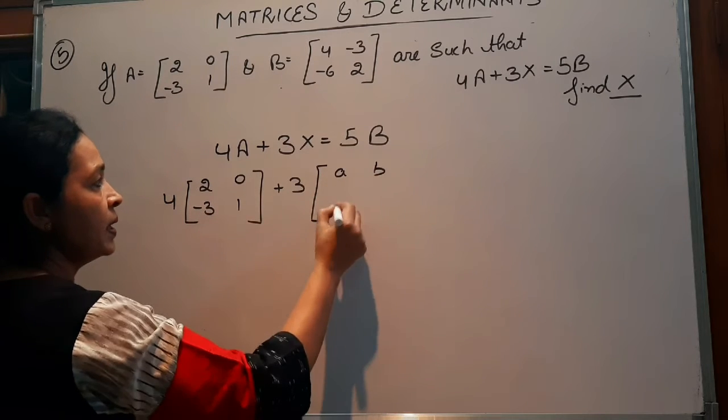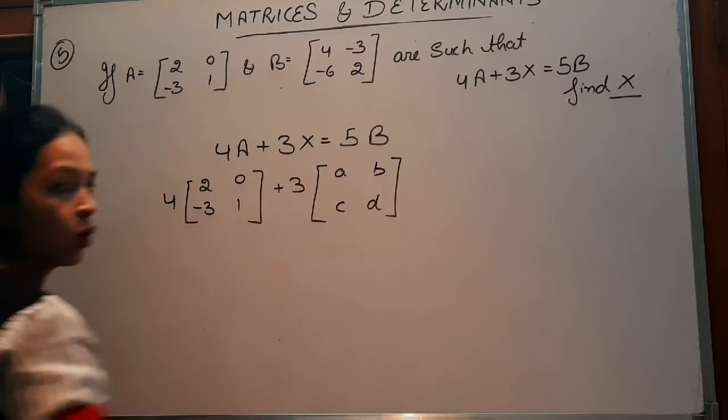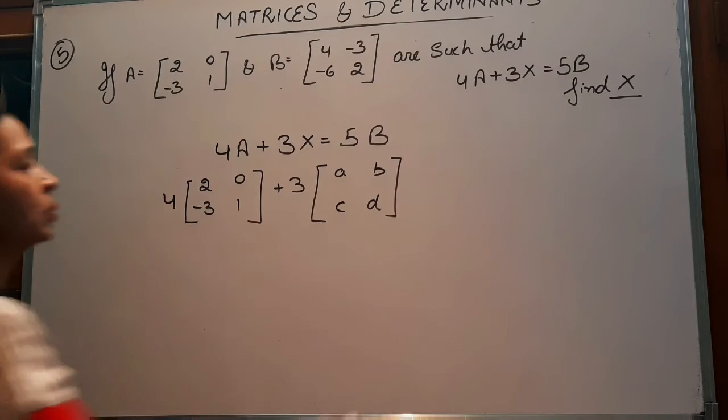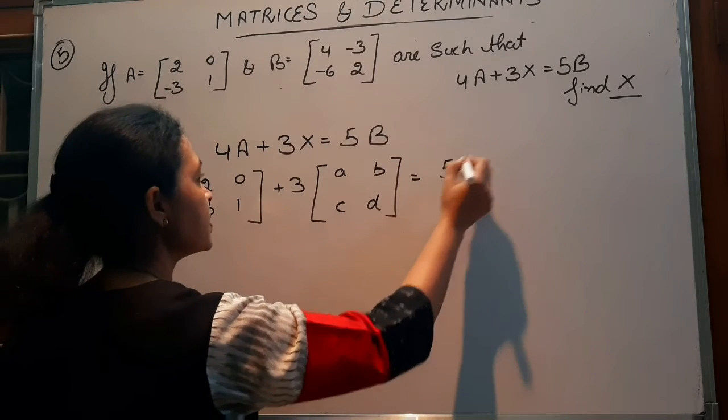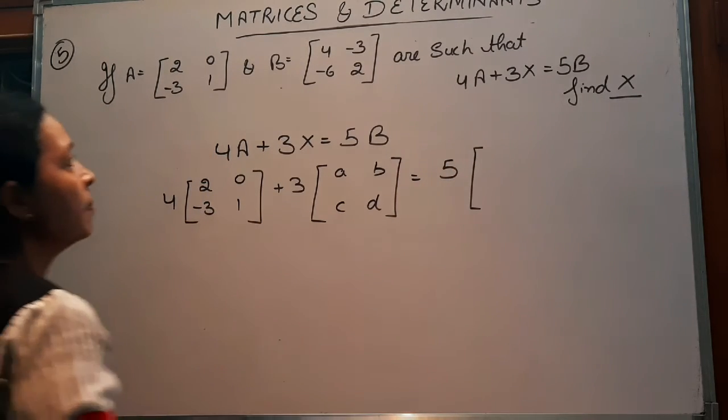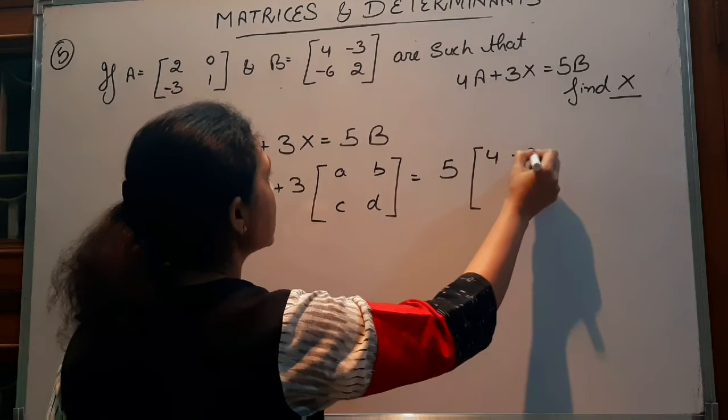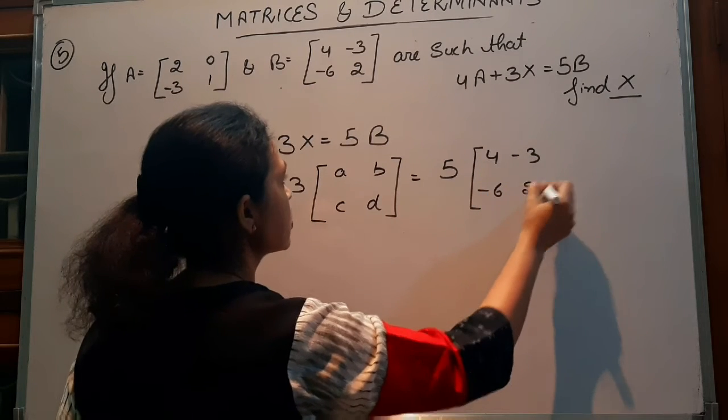Let this be A, B, C, D, a matrix of order 2 by 2, equals 5 times B. Matrix B is 4, minus 3, minus 6, 2.